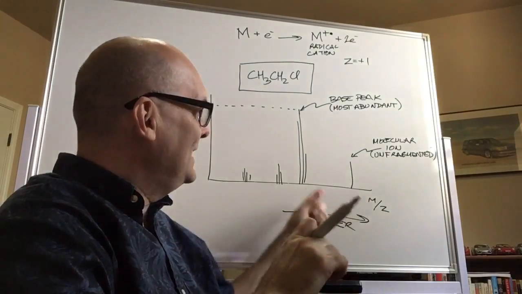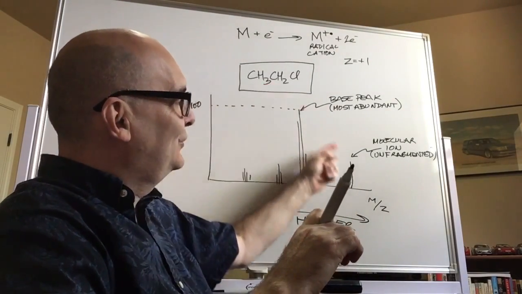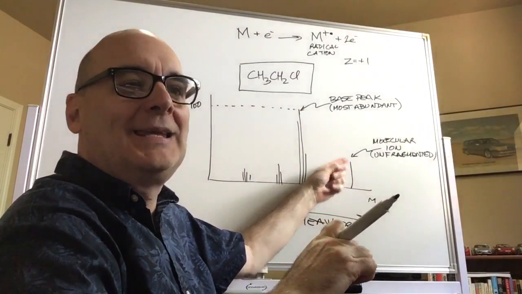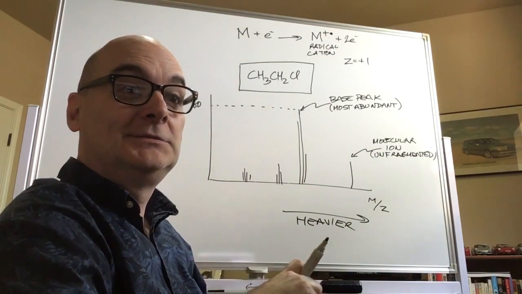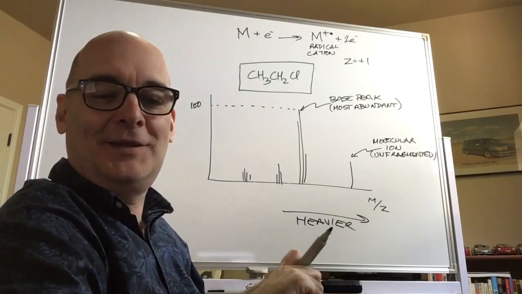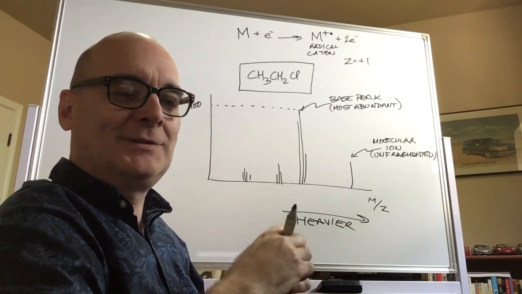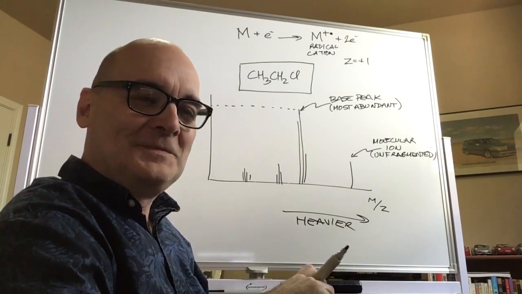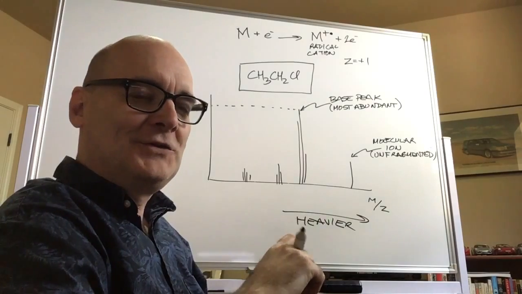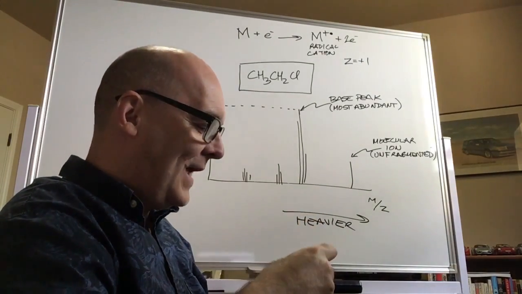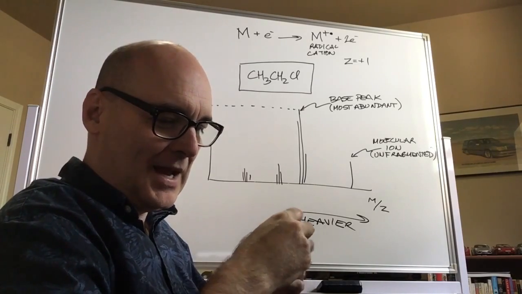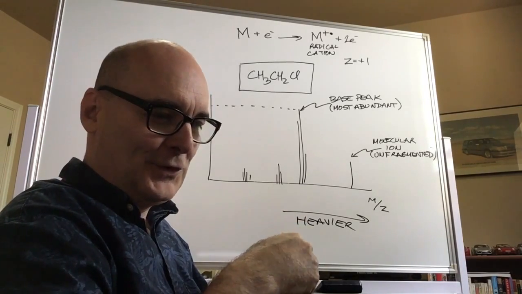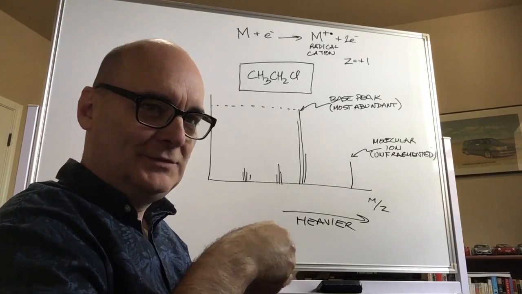What would be the value ascribed to the molecular ion for chloroethane? You might need a pencil. I want to know what the value in mass spec of the molecular ion for chloroethane is.